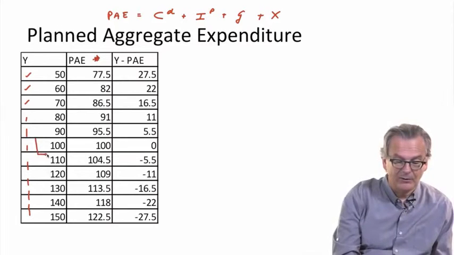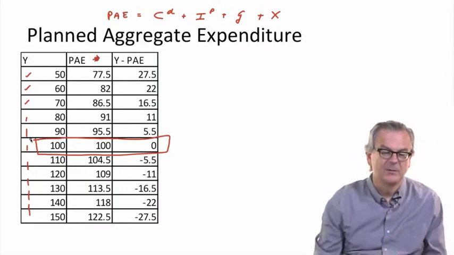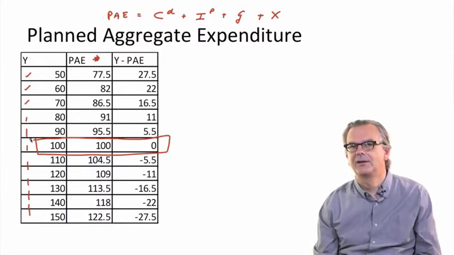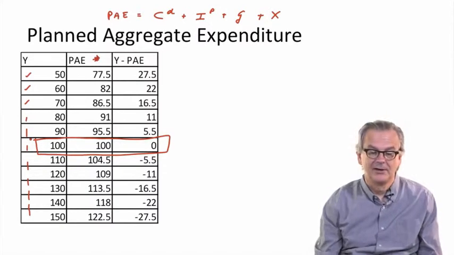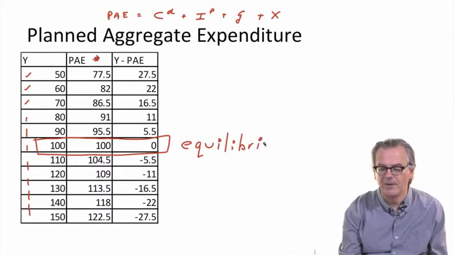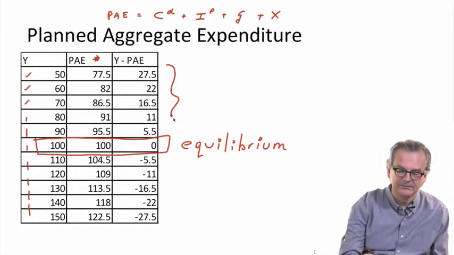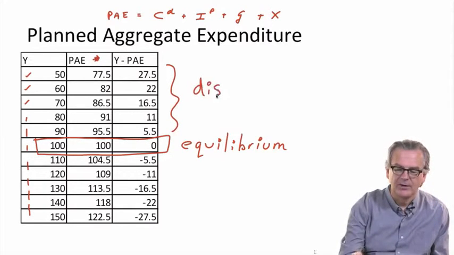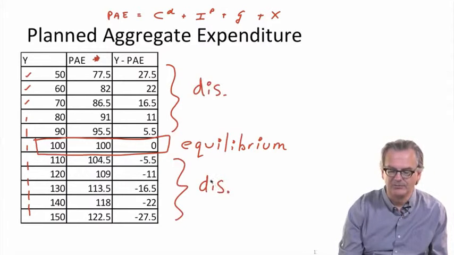And I want you to note there is one and only one instance where there is no difference between the economy's aggregate income and its planned aggregate expenditure. Here we have satisfied our condition for macroeconomic equilibrium, and only there do we satisfy that condition. Everywhere else you would be looking at disequilibrium. I'll just write DIS for disequilibrium.